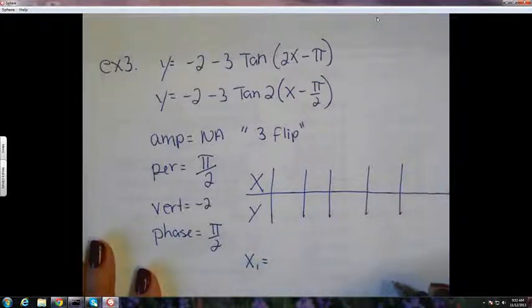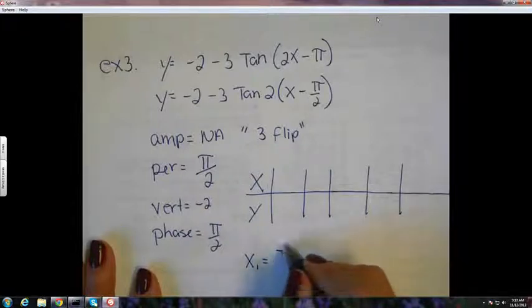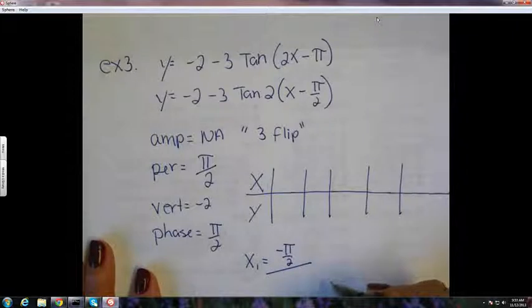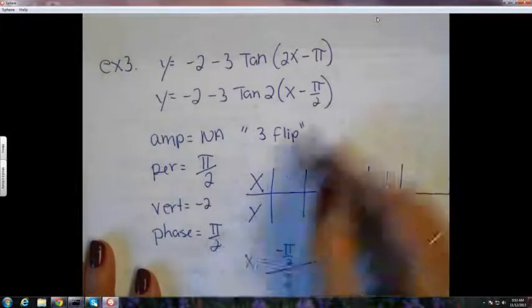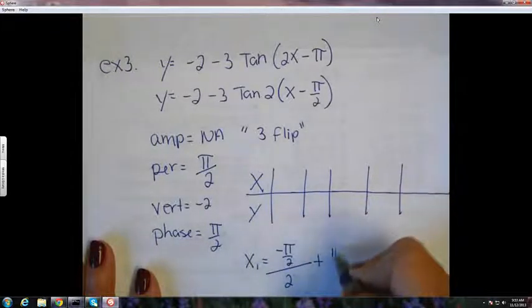So the formula is -pi over 2 divided by the b. What's the b? 2. Add on the phase. How much phase do we have? Pi over 2. The phase is this number that we've already done by taking the opposite of it. So adding on the pi over 2.